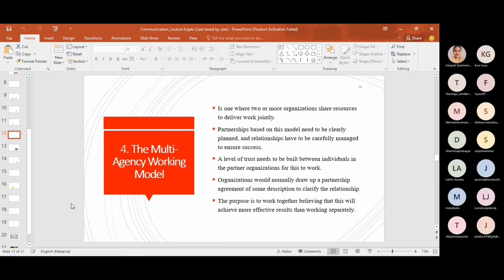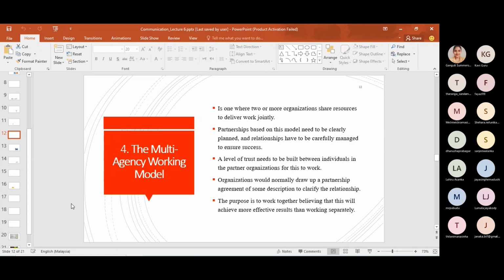You should have a clear plan to carefully manage everything in this model. The main reason you have to be careful is that you are sharing your resources.